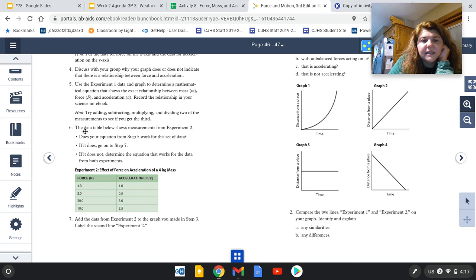So step 6 says, the data table below shows the data for experiment 2. It's asking, does your equation from step 5, what you just discussed and came up with, work for this set of data also?